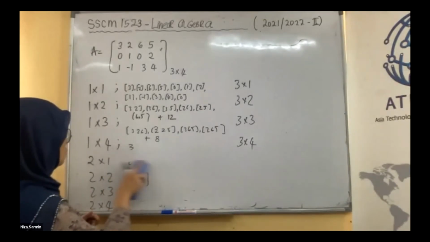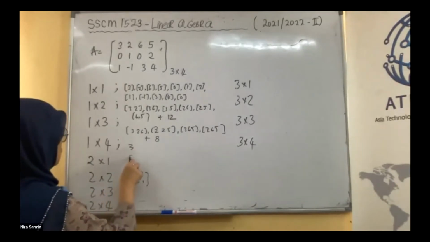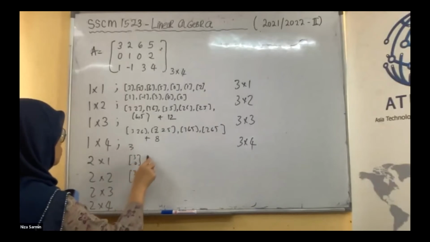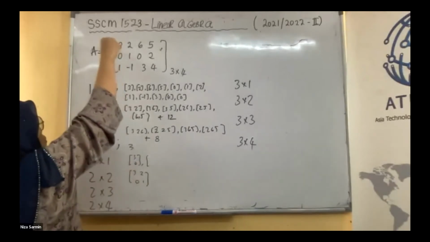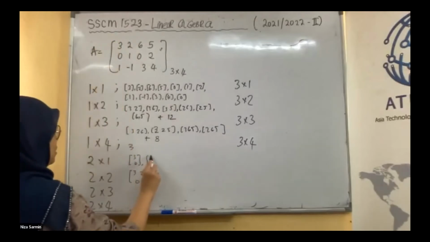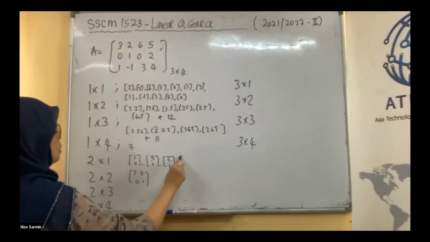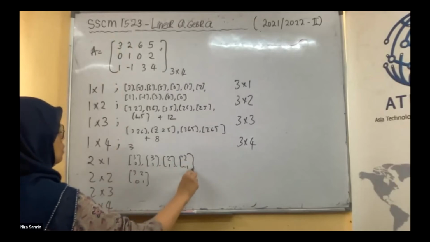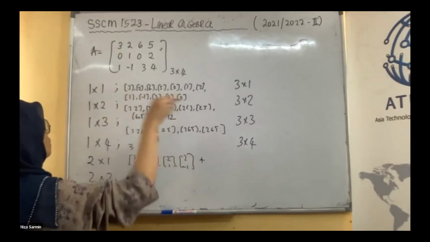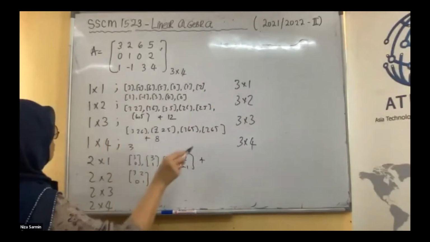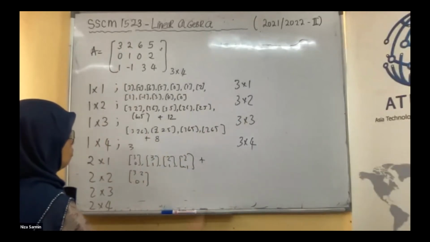2 by 1 is just 2 by 1 like this, right? Like 3, 0. Don't go like this. 3, 0, 3, 1, right? And then 2, 1, and then 2, negative 1. Right? And then go that way. There is another 4 more, right?